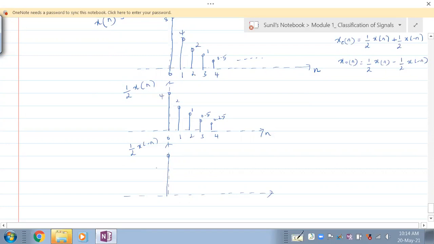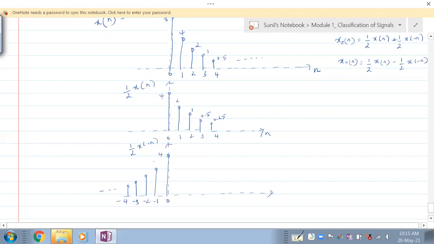Then whatever is at 1 should come at minus 1, whatever is at 2 should come at minus 2, whatever is at 3 should come at minus 3, and whatever is at 4 should come at minus 4. So this is how the signal is going to look like.